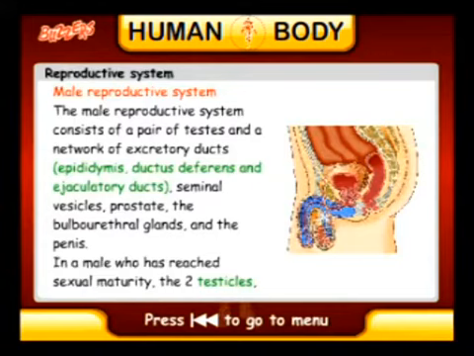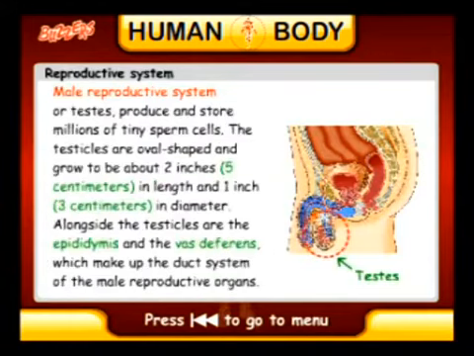In a male who has reached sexual maturity, the 2 testicles or testes produce and store millions of tiny sperm cells. The testicles are oval-shaped and grow to be about 2 inches, that is 5 centimeters in length, and 1 inch, that is 3 centimeters in diameter.